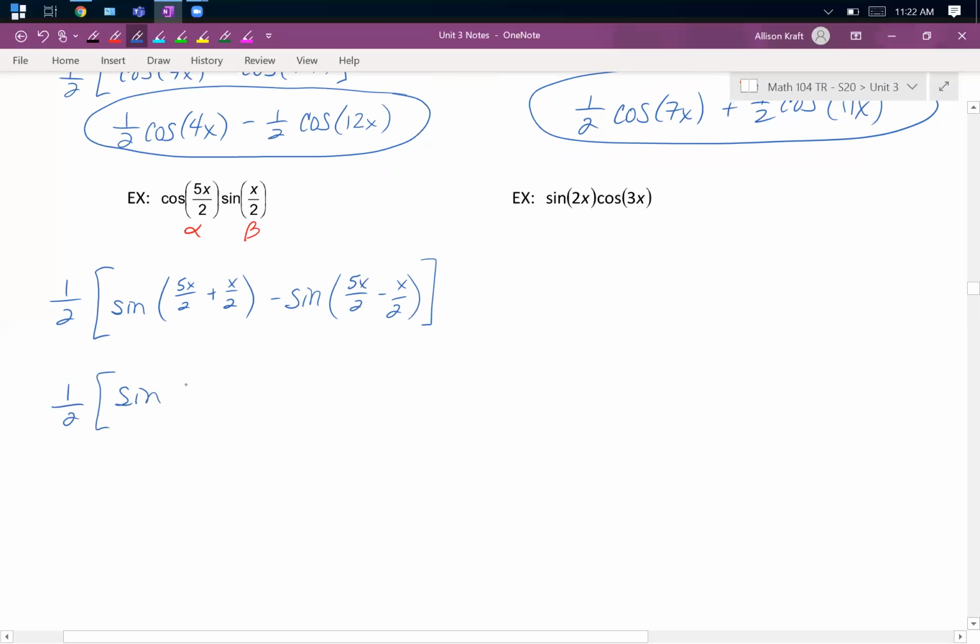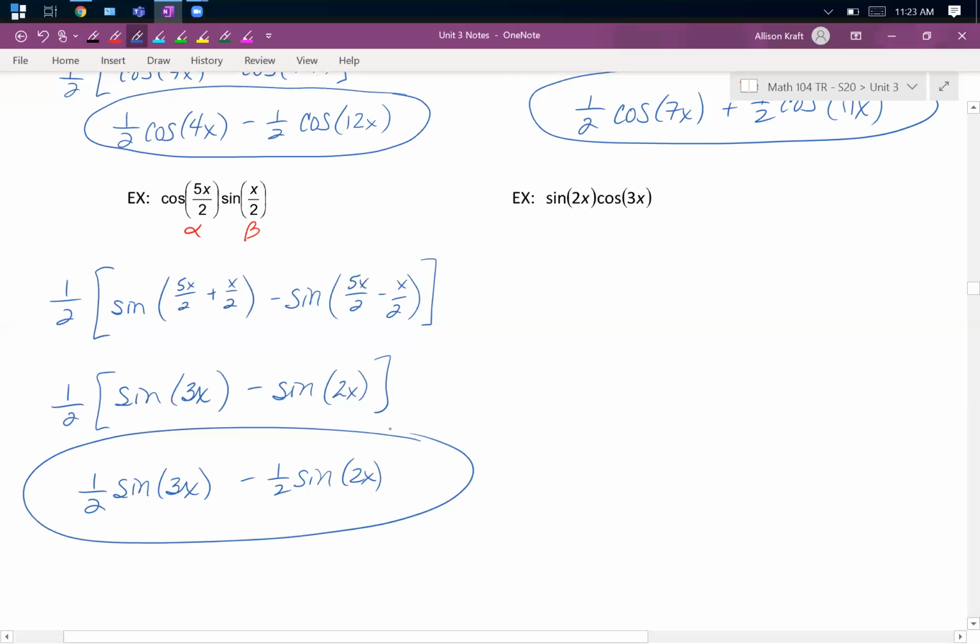Simplifying our arguments, 5x over 2 plus 1x over 2 gives us 6x over 2, which is 3x. And then 5x over 2 minus 1x over 2 gives us 4x over 2, which is 2x. And lastly, we'll distribute our 1/2. Any questions?